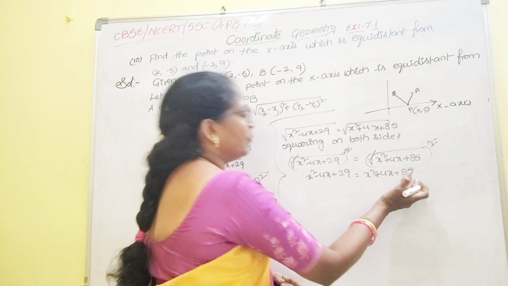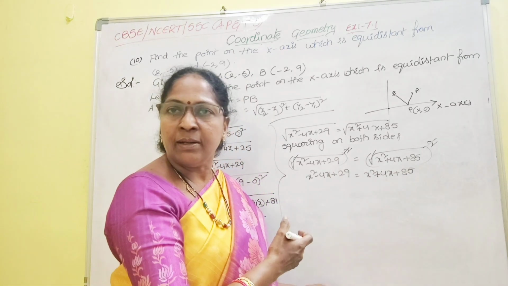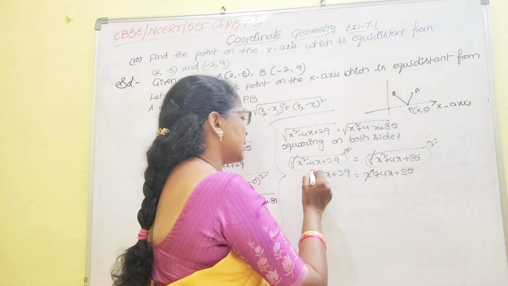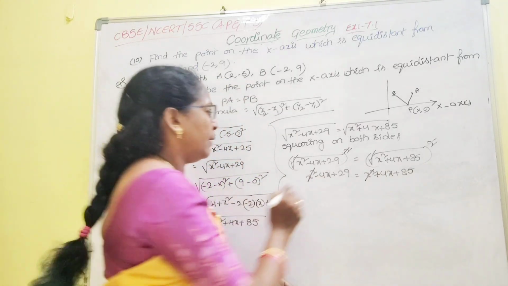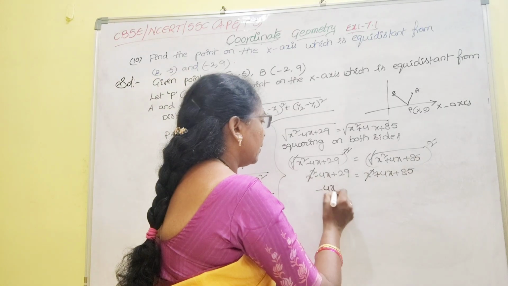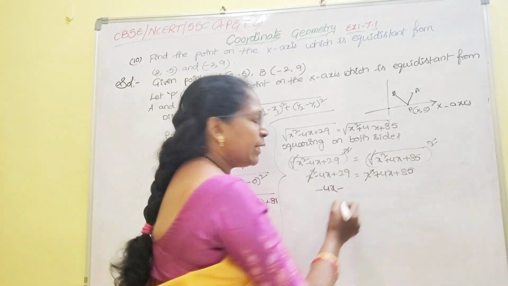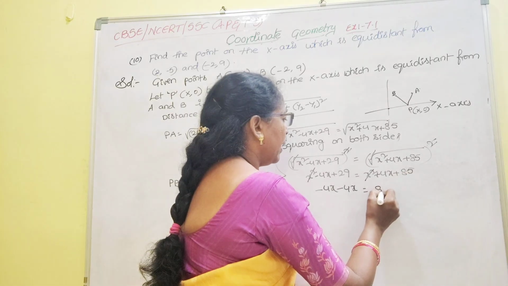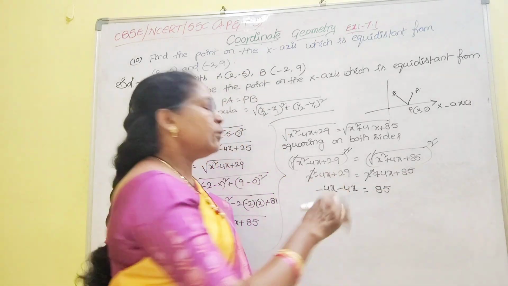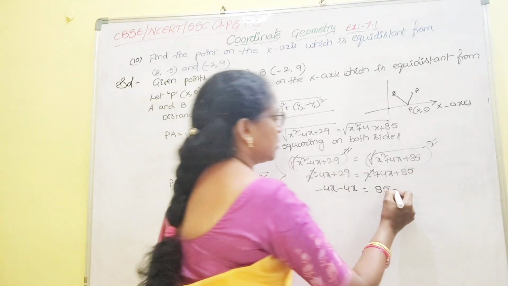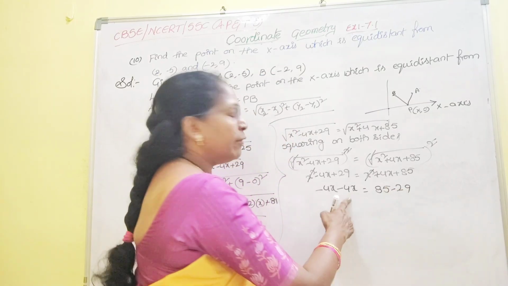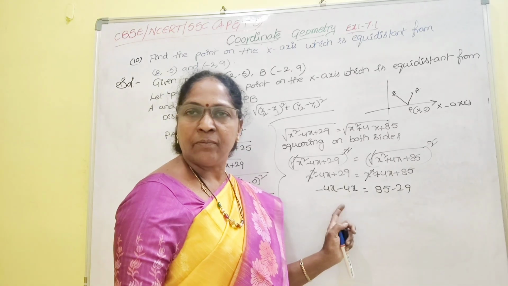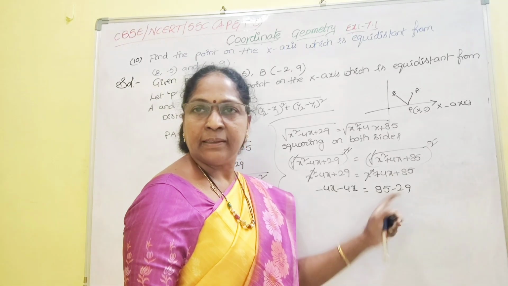Otherwise, write all these terms on the left hand side and it will cancel automatically. So minus 4x, and the 4x coming to this side becomes minus, so minus 4x minus 4x equals 85, and 29 goes to the other side and becomes minus 29. These are the variable terms and these are the constant terms. So write all variable terms on one side and constant terms on the other side.